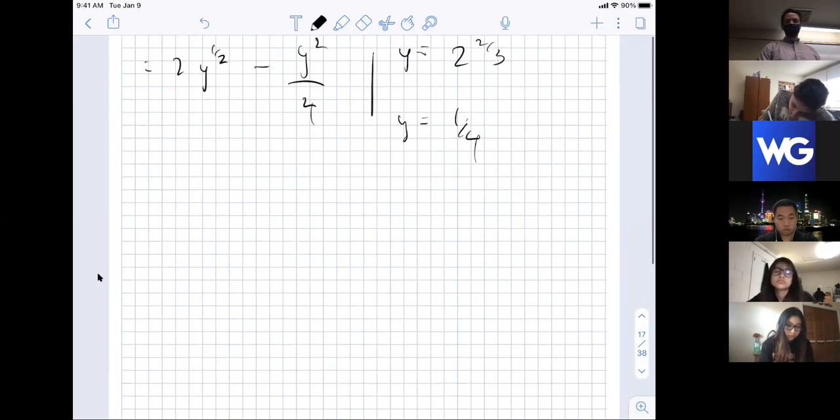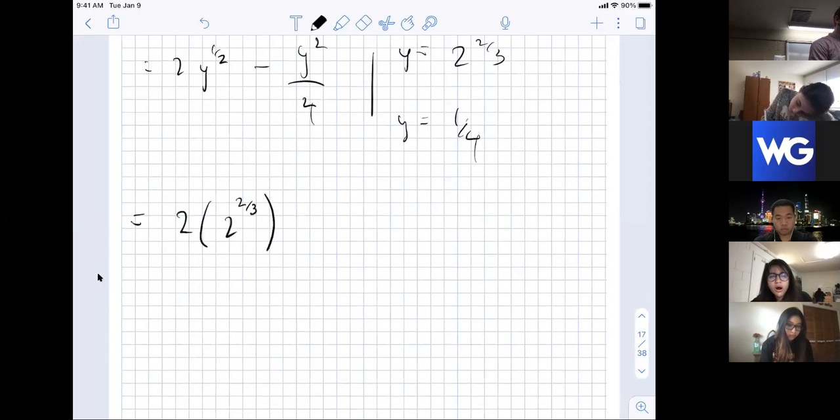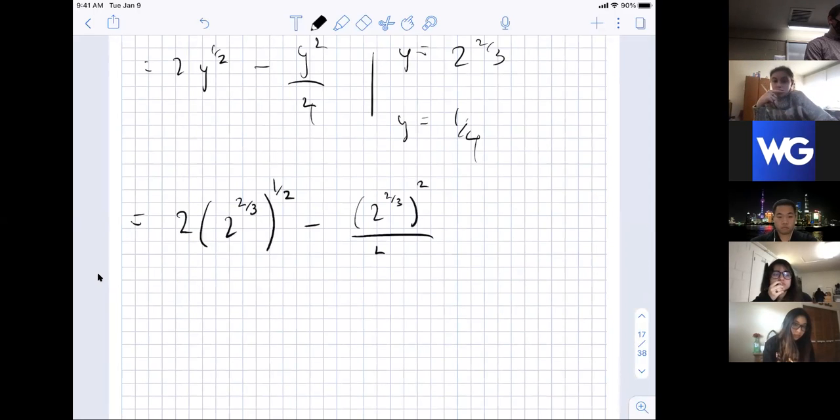All right, so when I plug in y equals 2 to the 2/3, well, I'm going to get 2 times 2 to the 2/3 to the 1/2 minus 2 to the 2/3 squared divided by 4. Very gross, but life is gross sometimes.